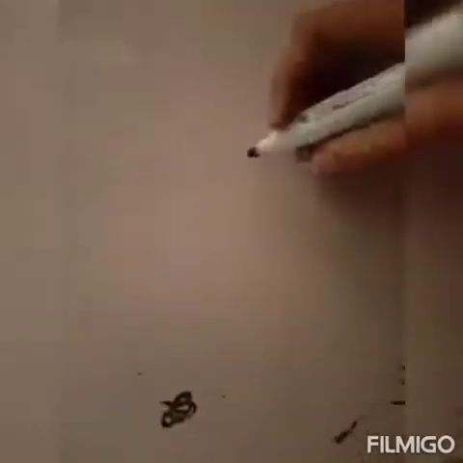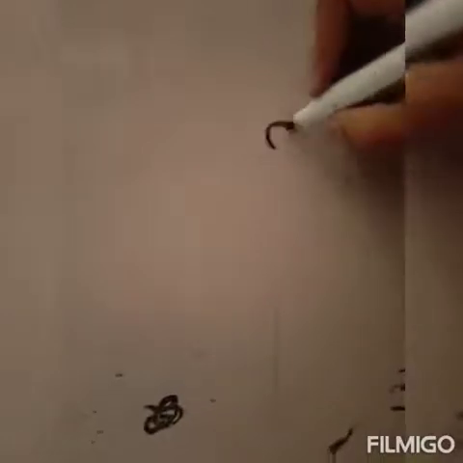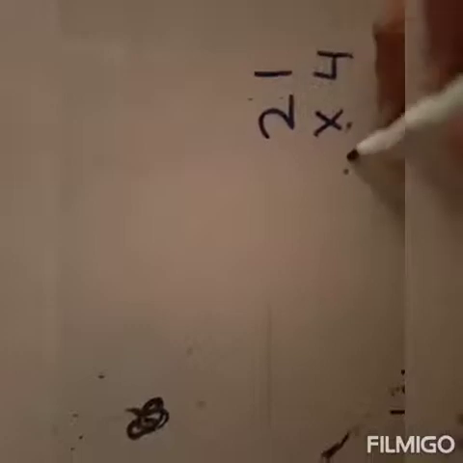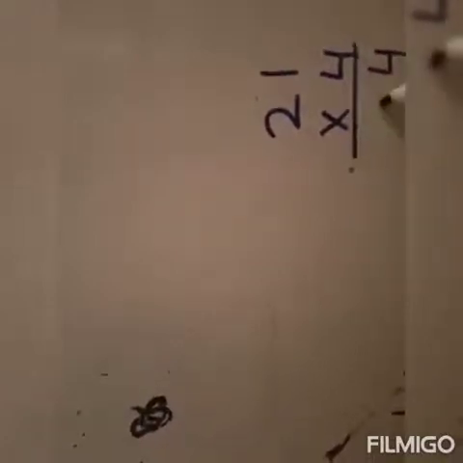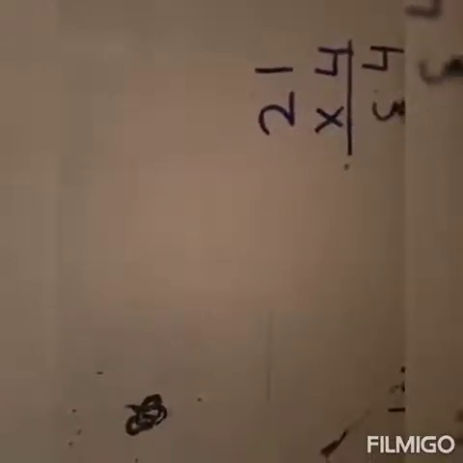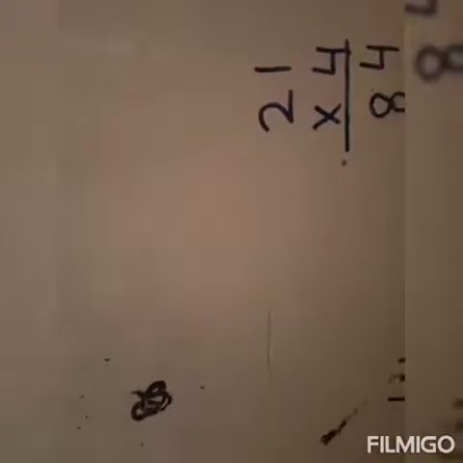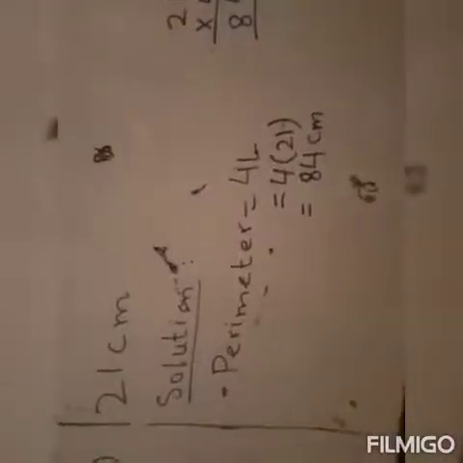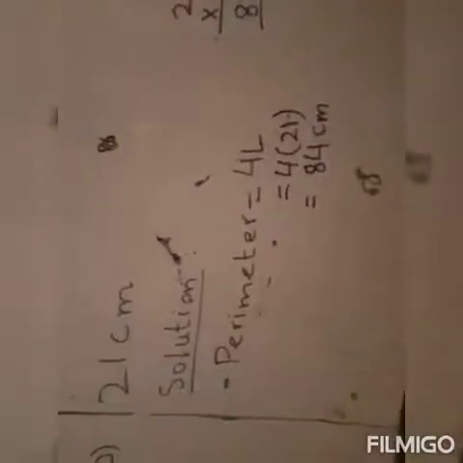Or we can multiply 21 multiplied by 4. 4 1s are 4. 4 twos are 8. So the answer of B part will be 84 centimeter.